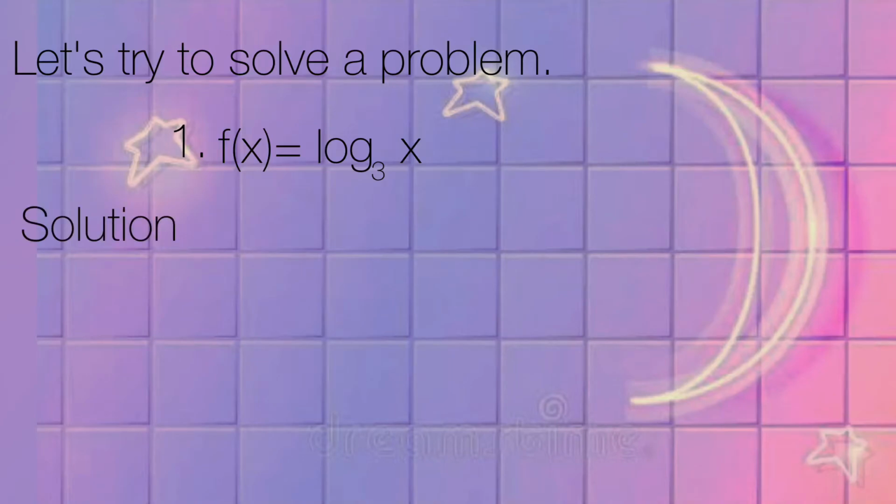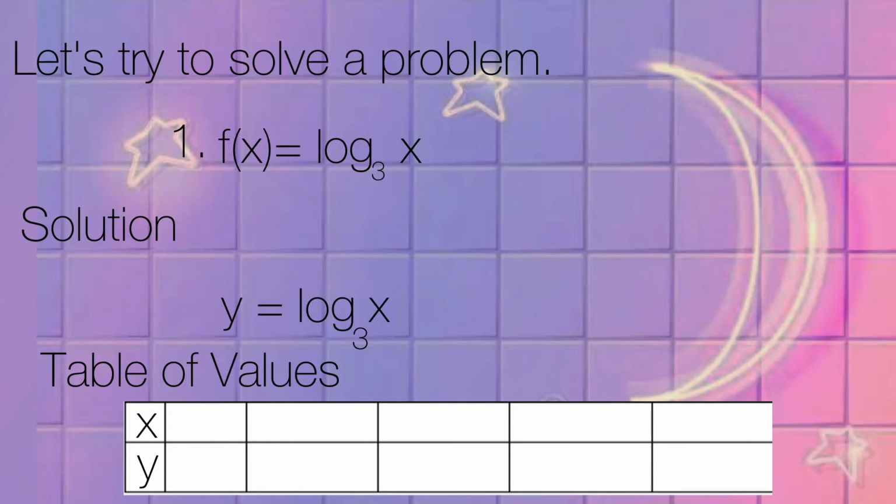This is the first example. f of x is equal to logarithm of x with the base of 3. Now, the f of x, change it to y. So it is written as y is equal to logarithm of x with the base of 3. Then make a table of values. In the characteristics of the logarithmic function, x takes all positive real numbers.